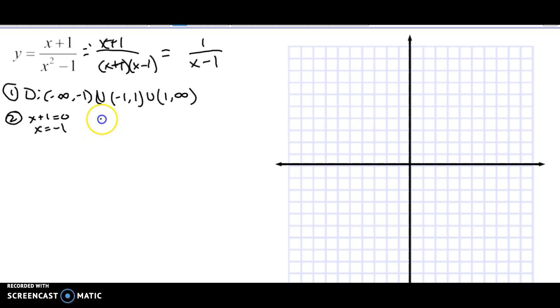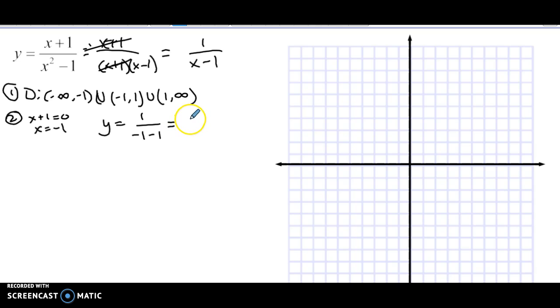So in order to find our y value, we do y equals 1 over our x value, which is negative 1, minus 1. So we're using our actual simplified form once we have canceled out the common factors, which are these two.